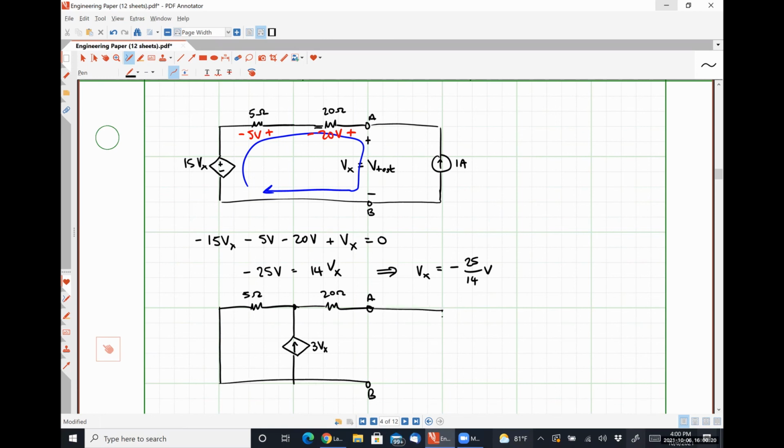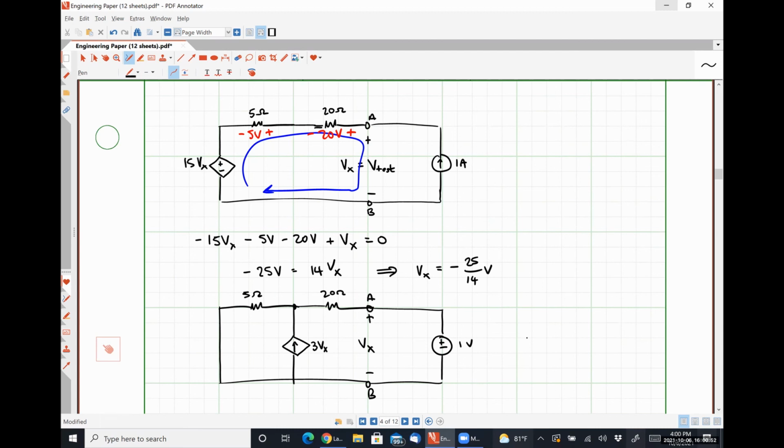Now I'm going to apply a test voltage source, and just to recap, this is my voltage Vx. When I apply my voltage source, I get to decide on both its magnitude and its polarity. So I am going to choose 1 volt, positive polarity on top.